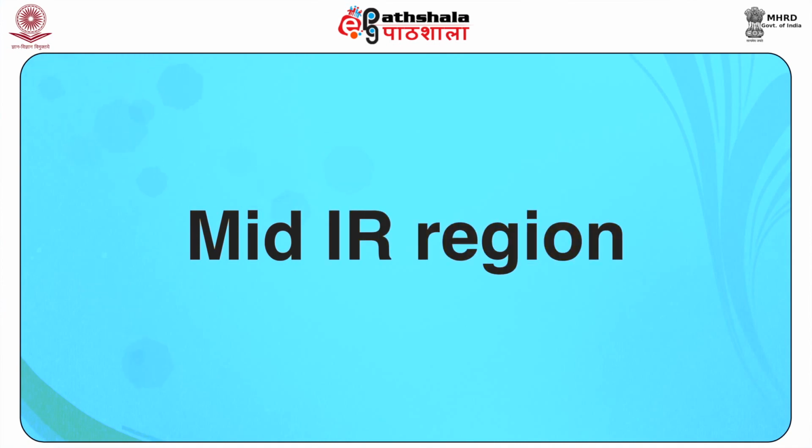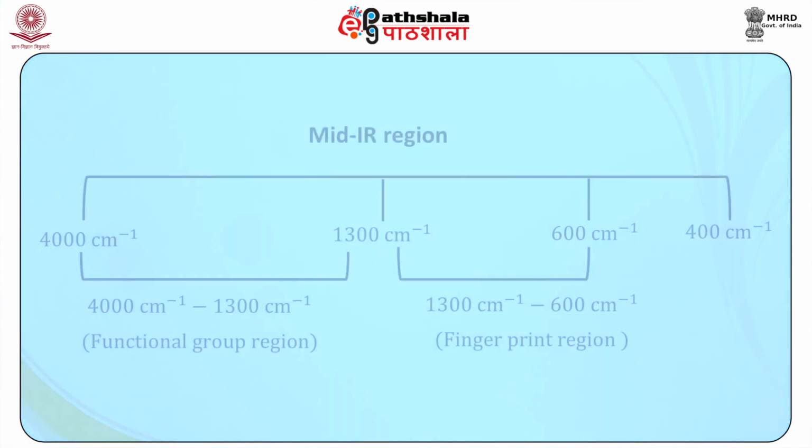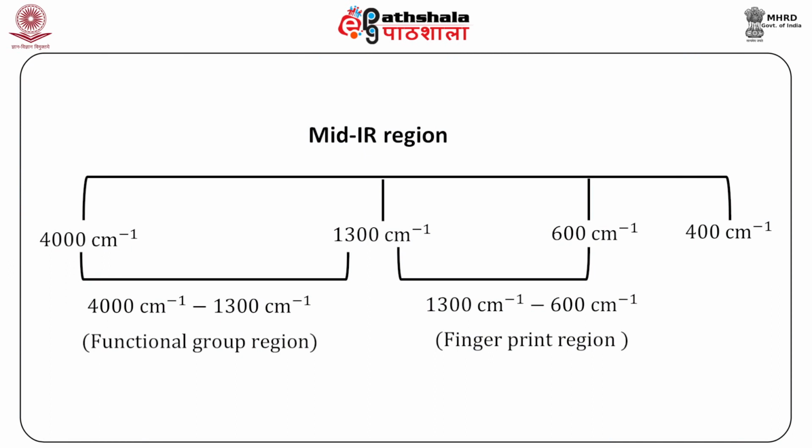Now coming to the mid IR region first, the mid infrared spectrum extends from 400 to 4000 centimeter inverse and results from vibrational and rotational transitions of a molecule. This region is most useful for the organic chemist since most organic molecules absorb in this range of IR. The mid infrared region can be divided into two further regions.